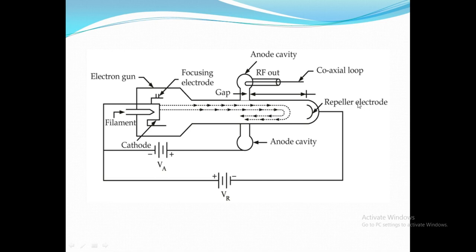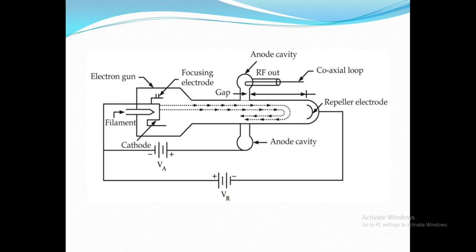The electron gun is used to produce the electron beam. This electron beam is accelerated towards the anode cavity, which is at a positive potential.